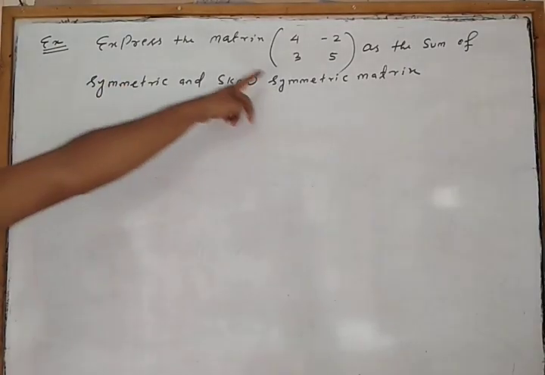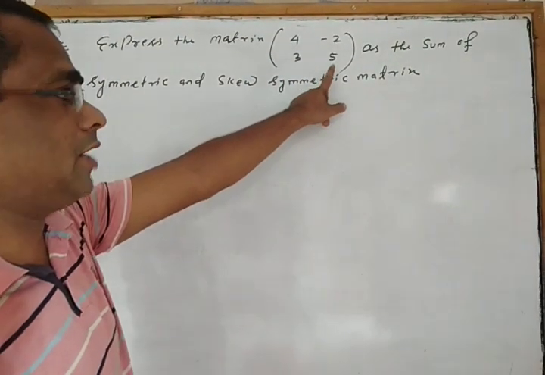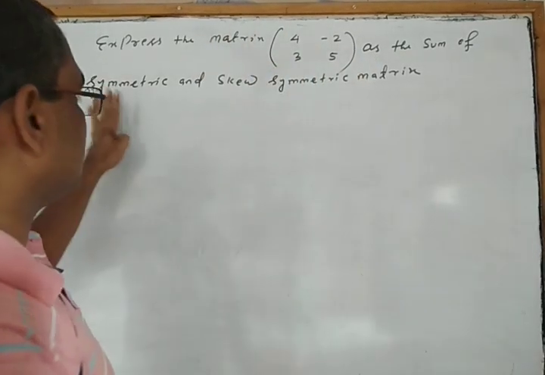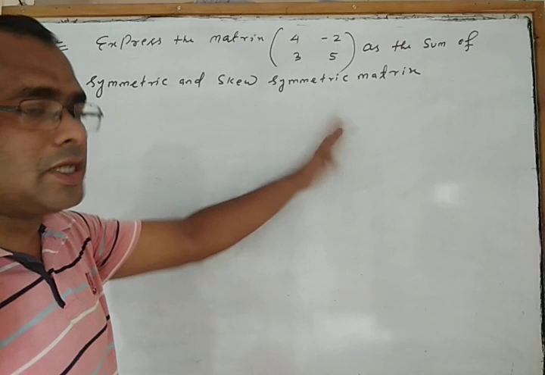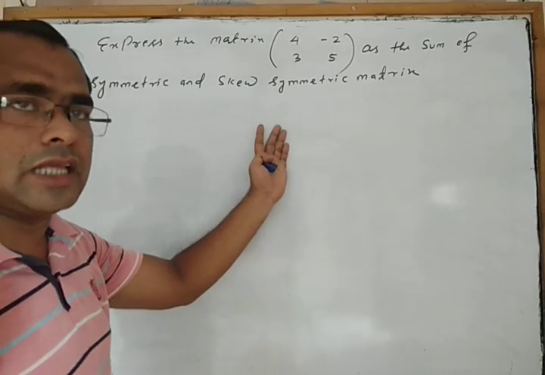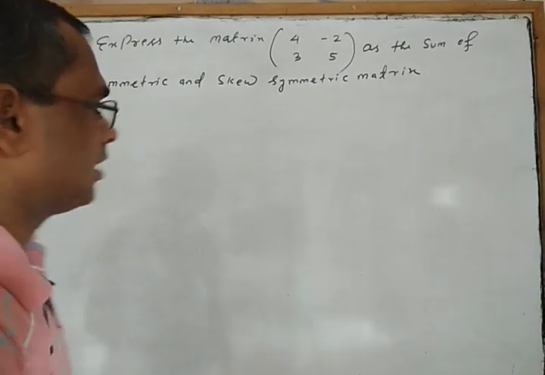Express the matrix [4 -2; 3 5] as the sum of a symmetric and a skew symmetric matrix. We know every square matrix can be expressed as the sum of symmetric and skew symmetric matrix.